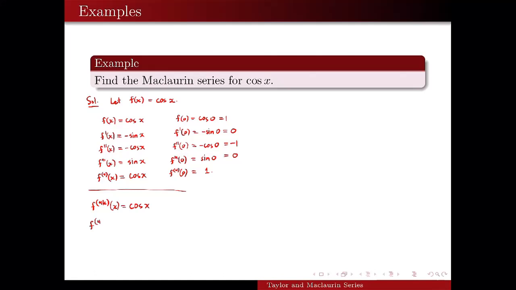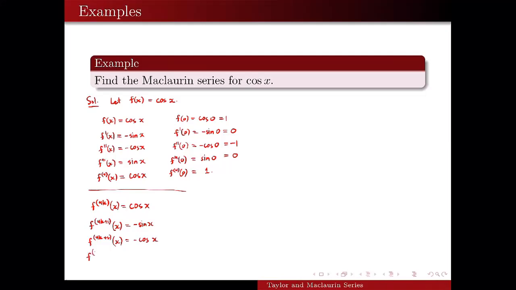If you get 4k plus 1, that's your order of derivative, this will be negative sine x. If you get 4k plus 2, this is negative cosine x.